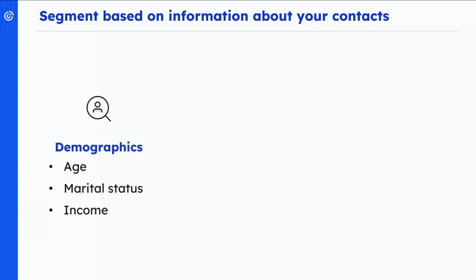You can really segment your email list based on anything you know about your contacts. Think about things such as demographics or characteristics. This might include looking at their age, gender, marital status, or even income. One example that I have with working with my clients, I work with doctors, nurses, therapists, life coaches. I work with basically all small businesses.